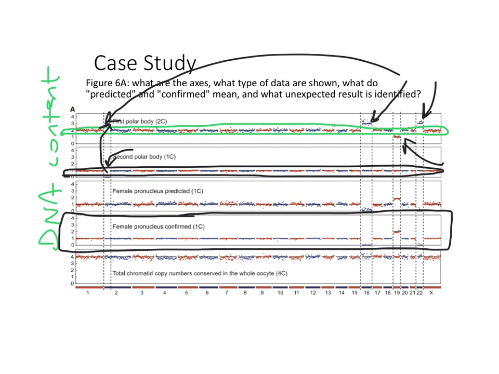Female pronucleus confirmed. We could. Is it ideal? Does it have one copy of every chromosome? No. It has 0 copies of chromosome 16, it has 0 copies of chromosome 22, and it's got an extra copy of chromosome 19.